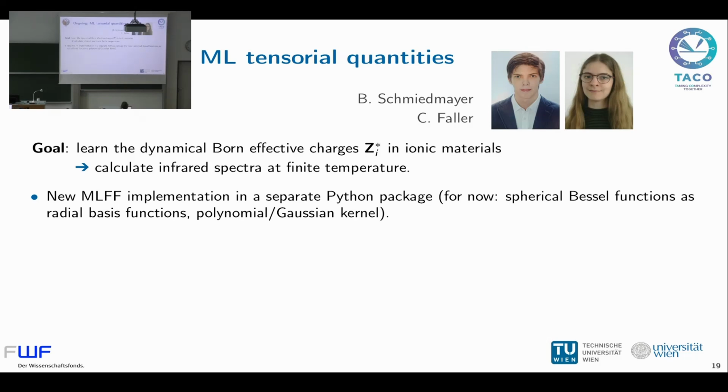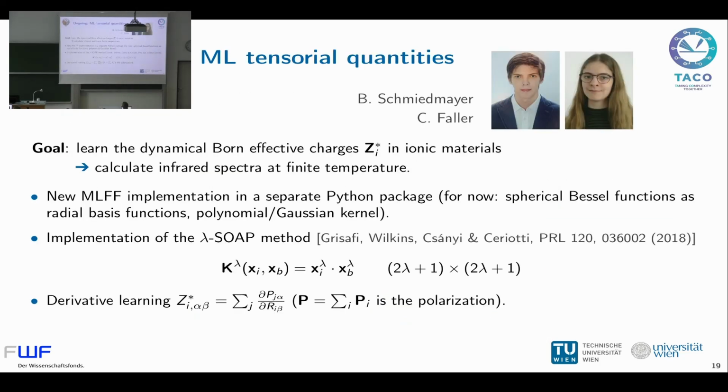What Bernard has been doing, together with Caroline Faller, a master student, is a new force field implementation, a separate Python package. And on top of this, we want to implement the lambda-SOAP method, or symmetry-adapted Gaussian process regression, as it's also known. Essentially, when you have a tensorial quantity, it transforms covariantly under rotations of the system.